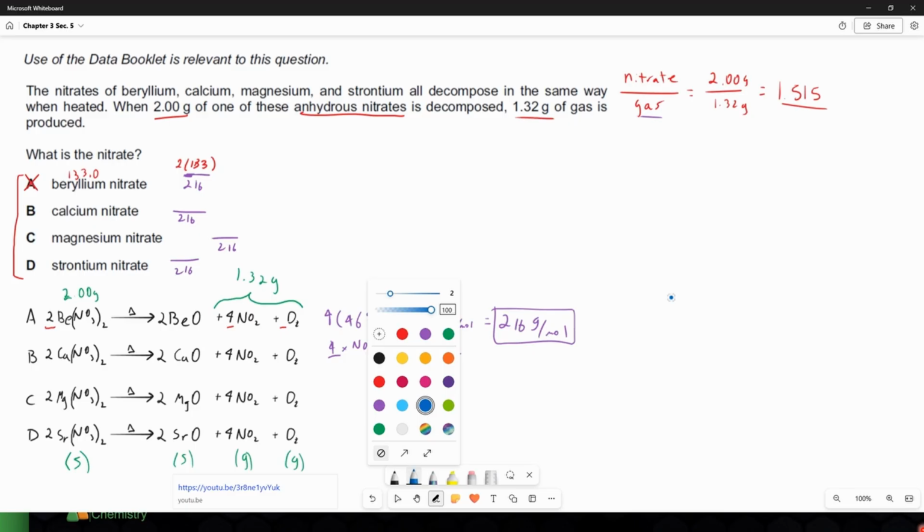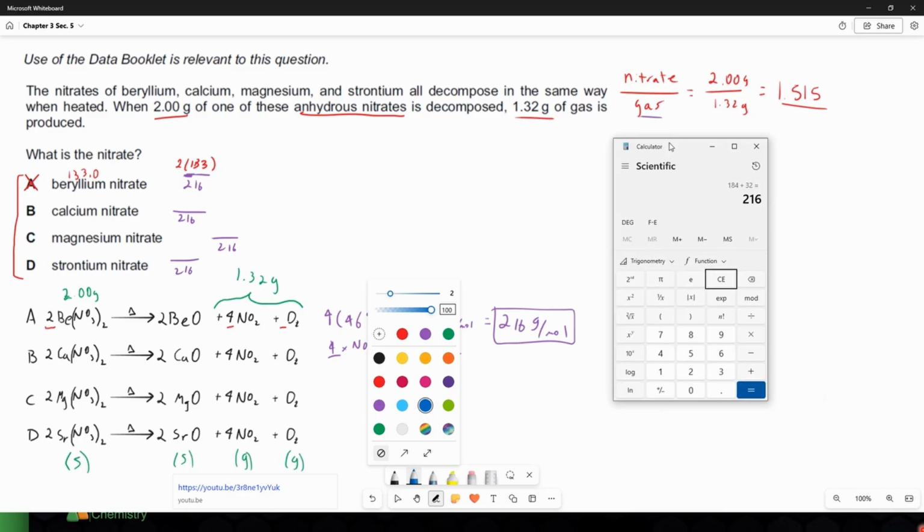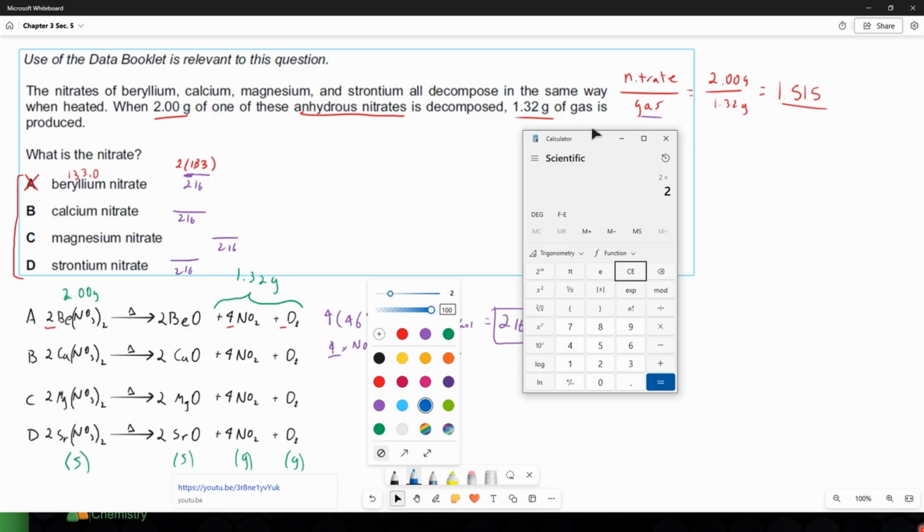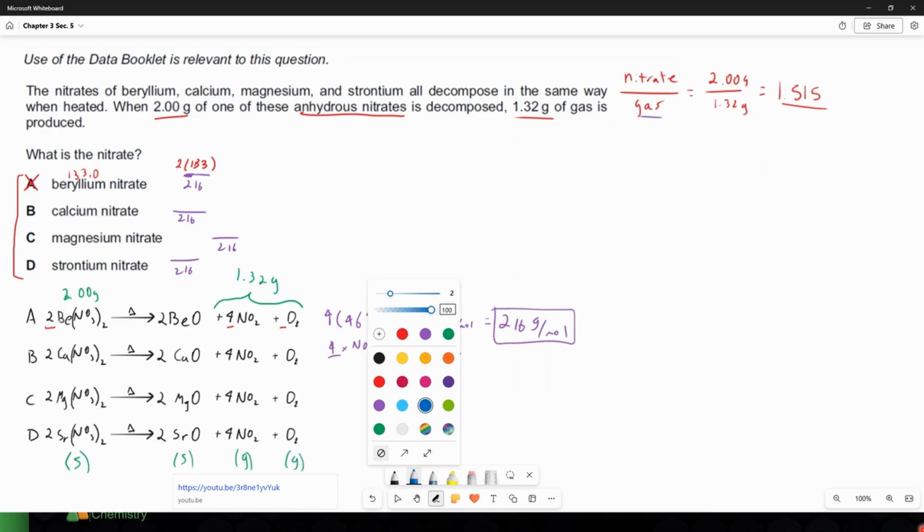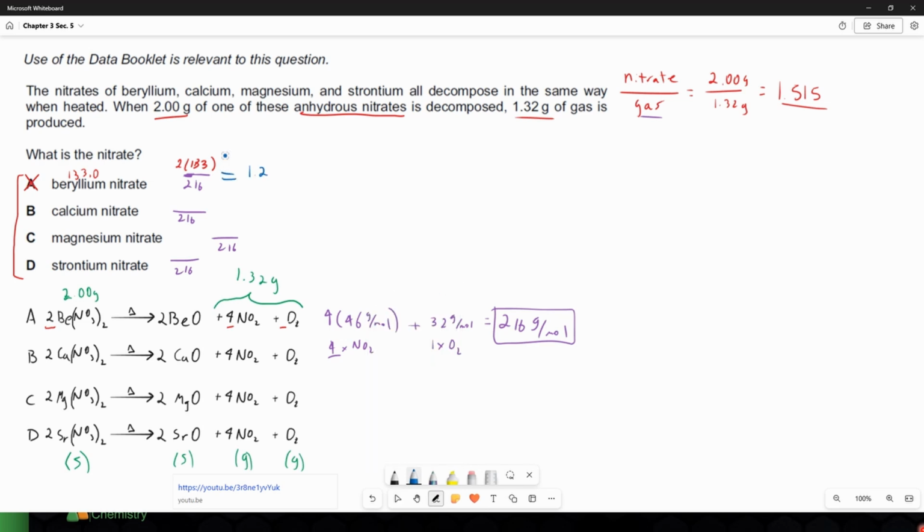So we do 2 times 133 divided by 216, that gives us 1.231. So 1.231 is the ratio here if we had used beryllium nitrate. Since that isn't close to what we're supposed to get, we know the answer is not A. And let's do that for all 3 of these.